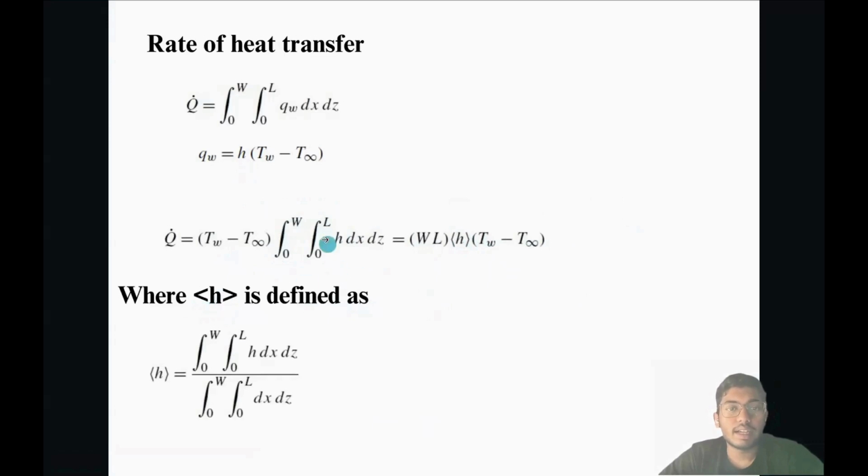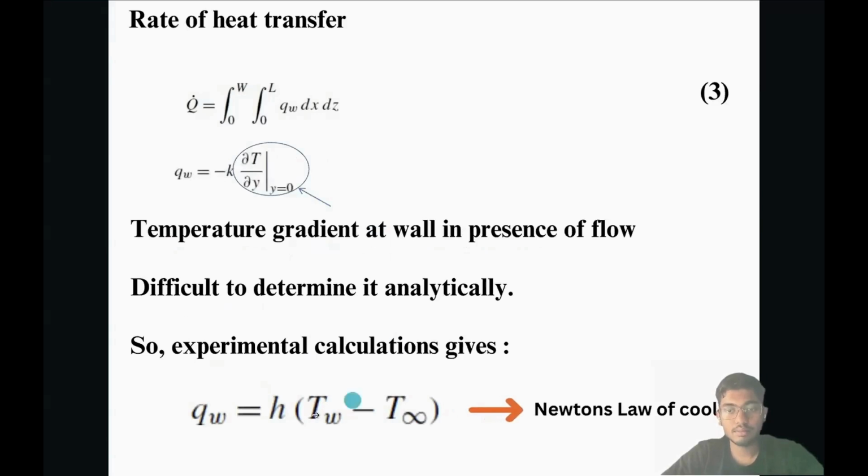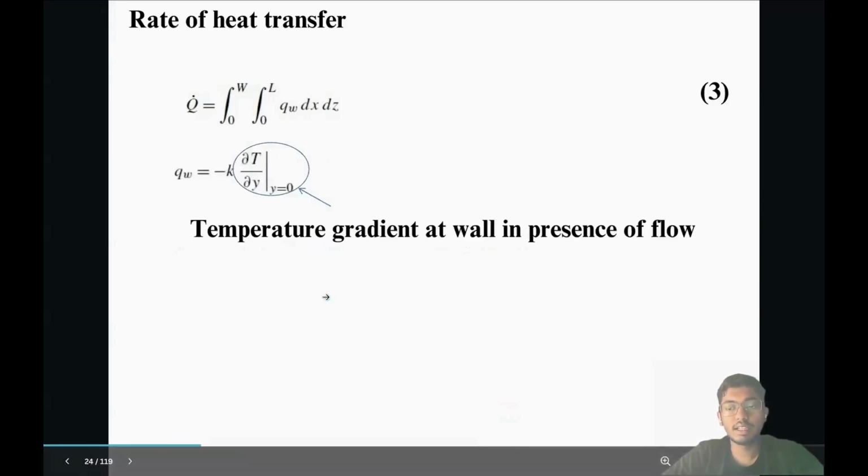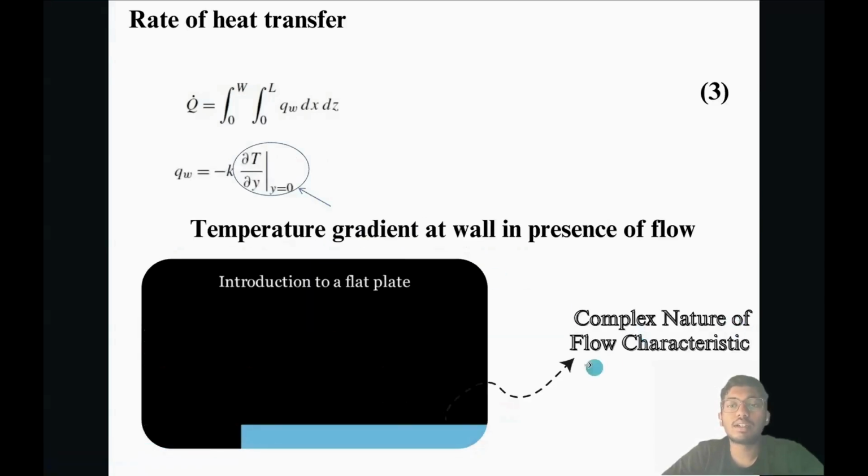Now what is H? H is actually the heat transfer coefficient, HTC. What is heat transfer coefficient? Heat transfer coefficient is introduced because we are discussing the interface. And what happens at the interface? At the interface, there is complex nature of flow characteristics.